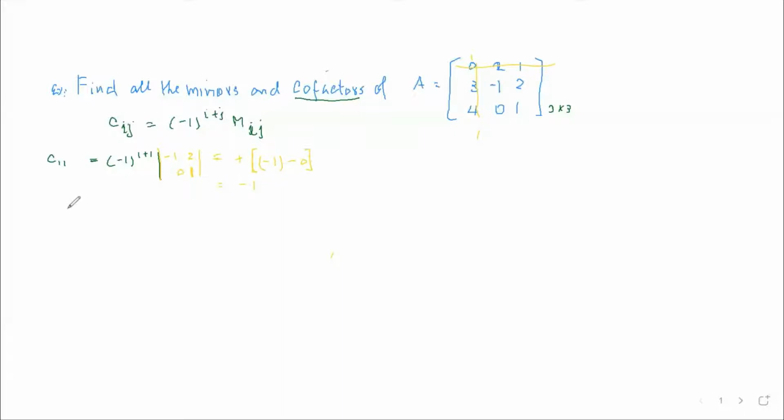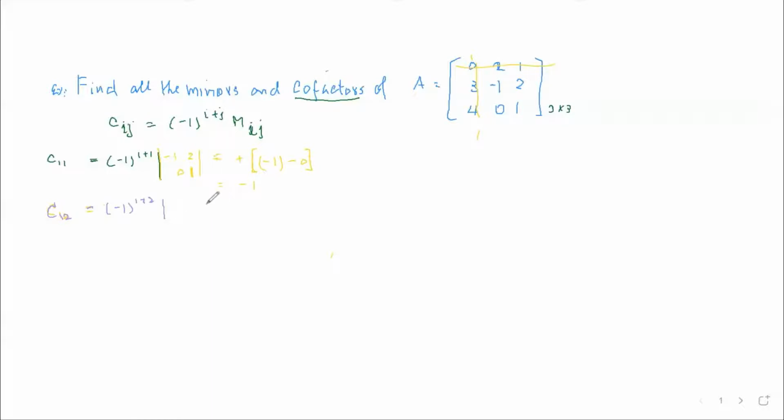Then go to C12. You have to find every term in row 1. Now we work on row 1. C12 is going to be minus 1 to the power 1 plus 2.